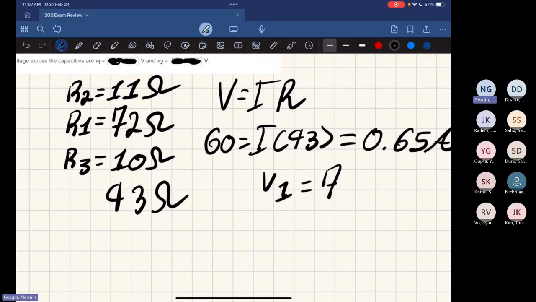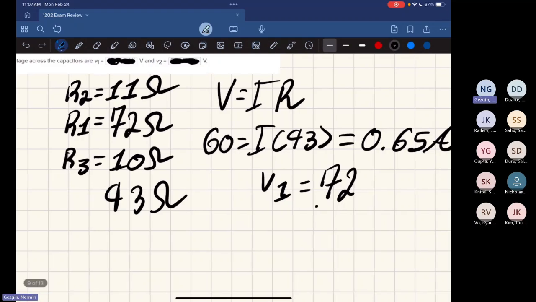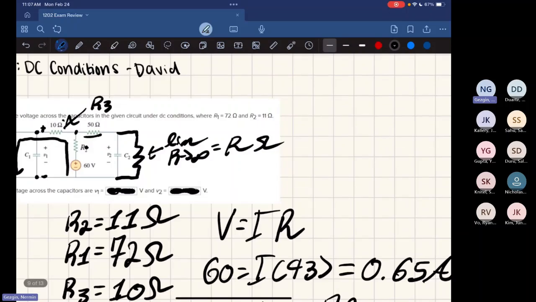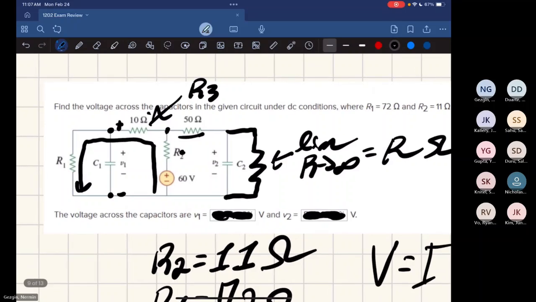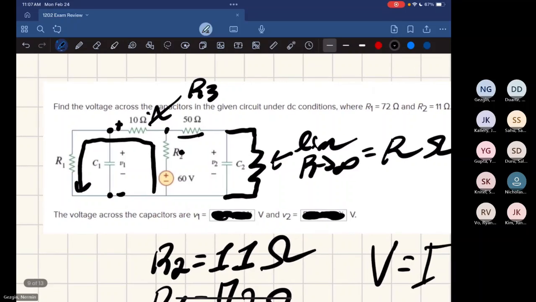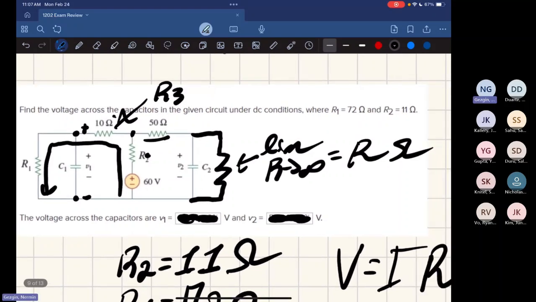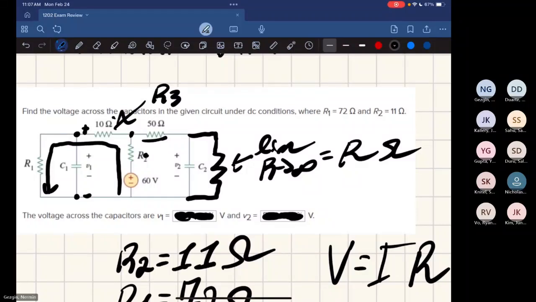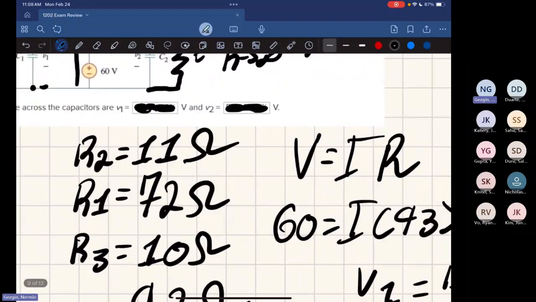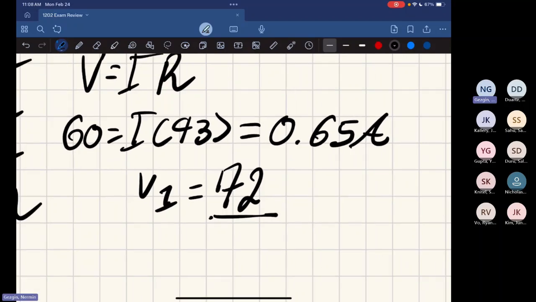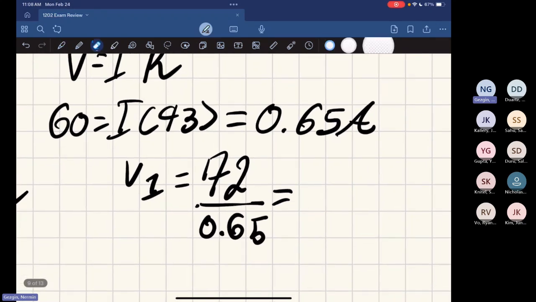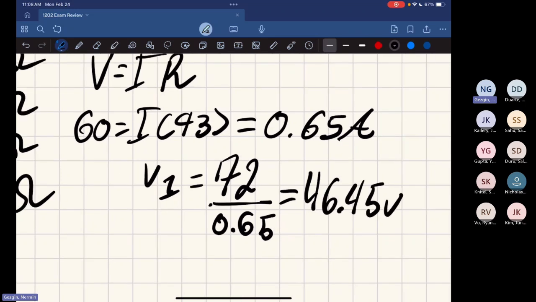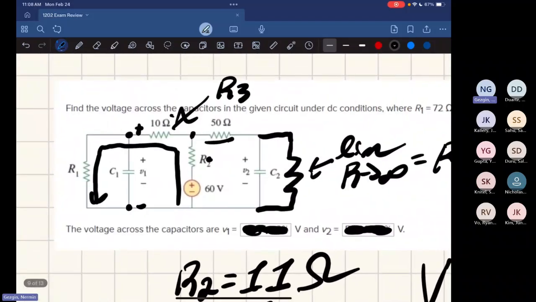We take 72 times the current we just found, which results in 46.45 volts for V1. That would be the voltage across this point and that point.